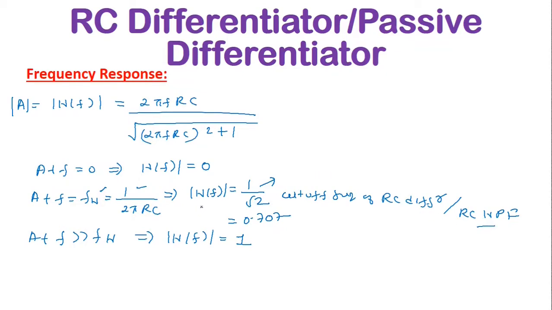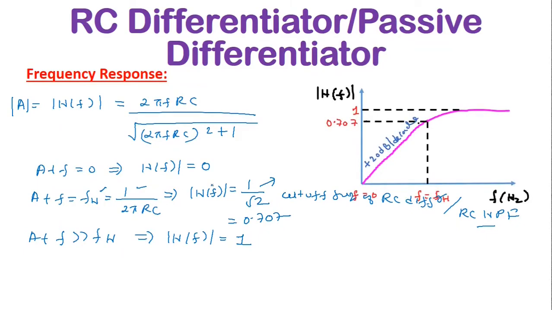Now using these values we are going to draw the magnitude response. This is the magnitude response. Here we can see that the magnitude of H(f) is represented on the y-axis and the frequency in hertz on the x-axis. At frequency f equal to 0, the magnitude of H(f) is equal to 0, and when frequency is equal to the cutoff frequency fH, the magnitude of gain is equal to 0.707.